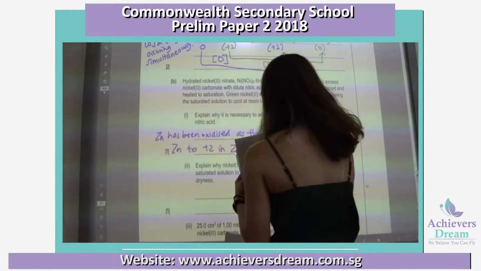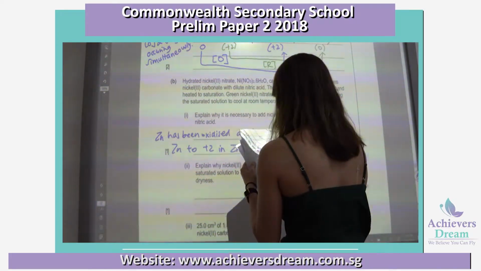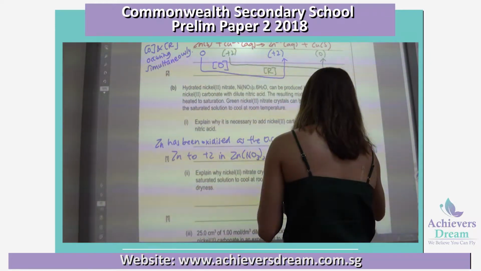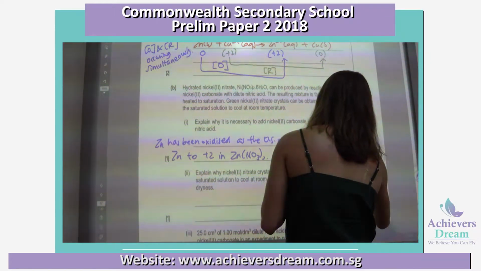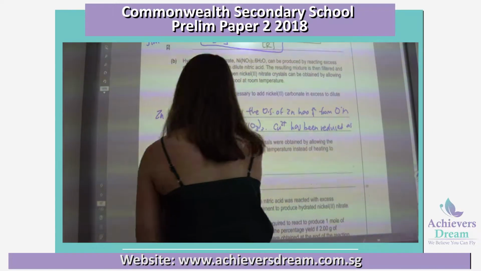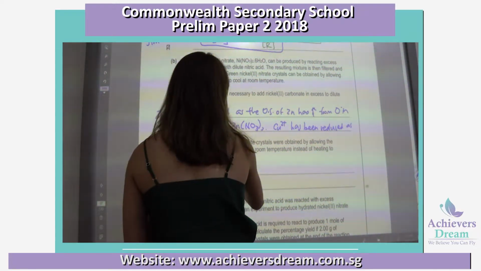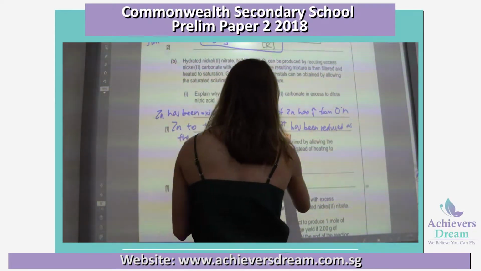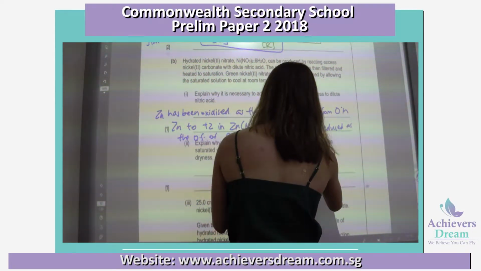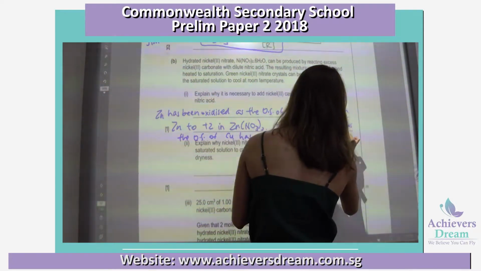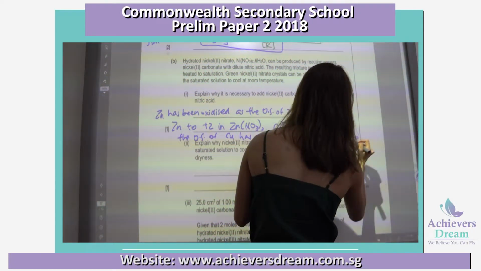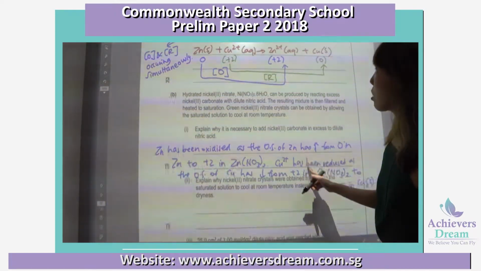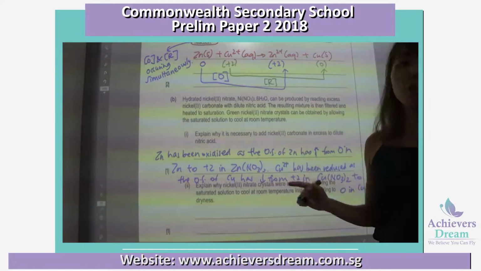So at the same time, your copper Cu2+ has been reduced as the oxidation state of copper has decreased from plus 2 in copper 2 nitrate to 0 in your copper solid. Okay, so this is how you explain the redox reaction.